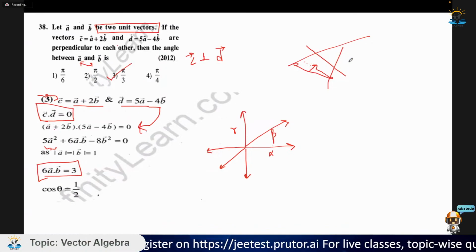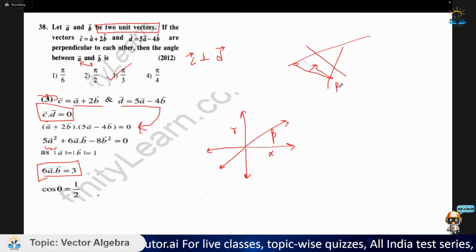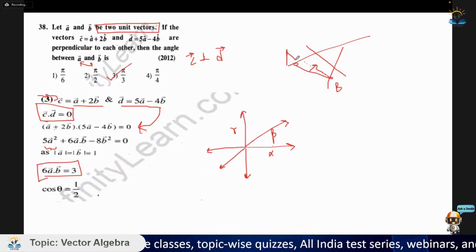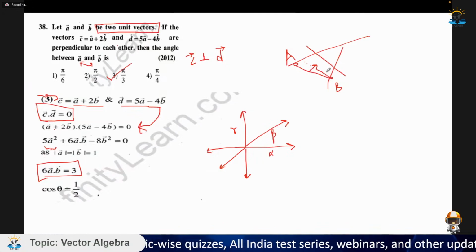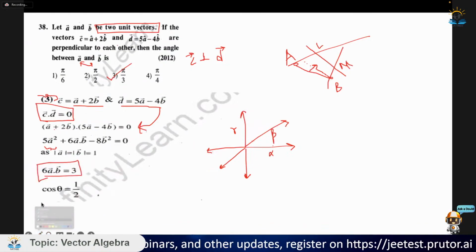Let's say this point is b, and this point is a. This is l, and this is m.